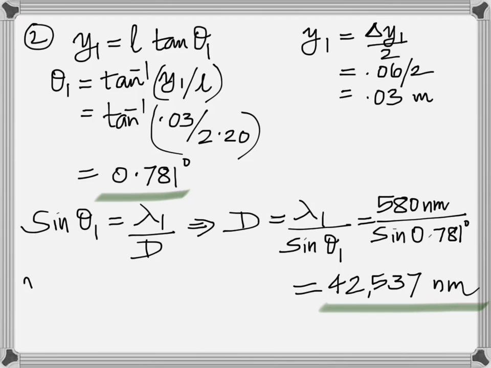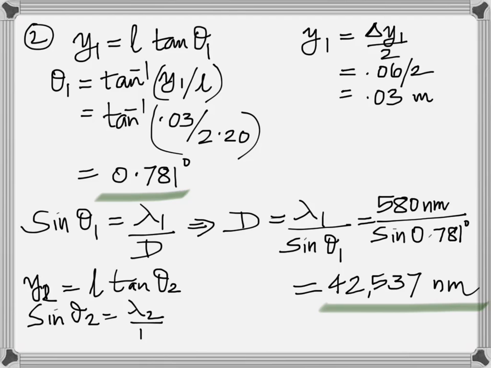In which case y2 is equal to L tan theta 2, and for that you'll have to find theta 2 using sine theta 2 is equal to lambda 2 by d.